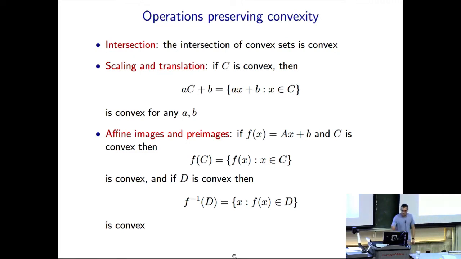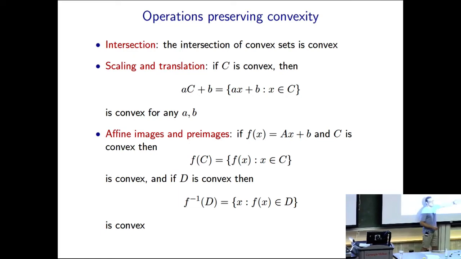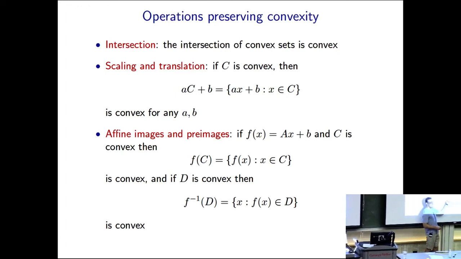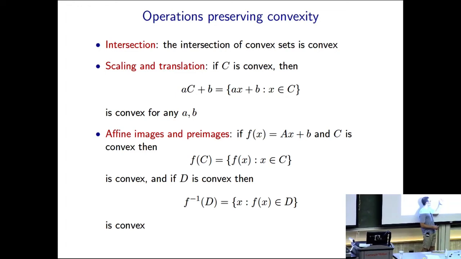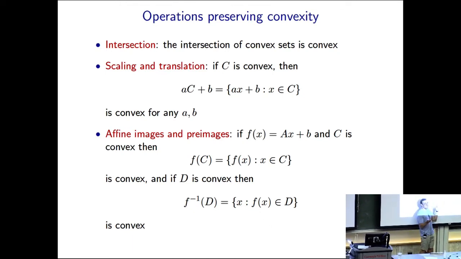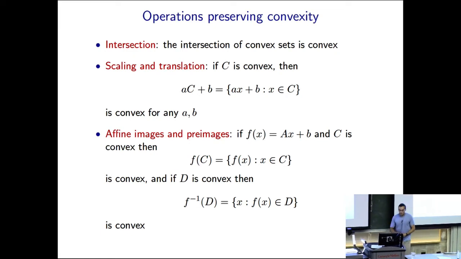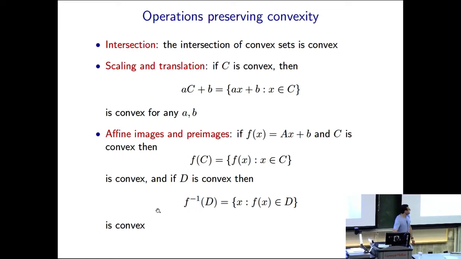And that is the set defined as the set of all x for which f of x is in the set D. Okay, so if f inverse existed, this would just be the image of D under f inverse. But in general, we can always write this, and this would always make sense. It's just the set of all x such that f of x is in D. So that's called a preimage, and if f is affine, it's called an affine preimage, and that is also convex if D is convex.